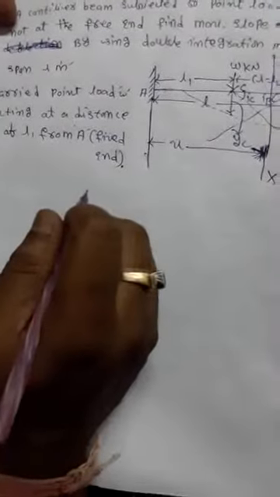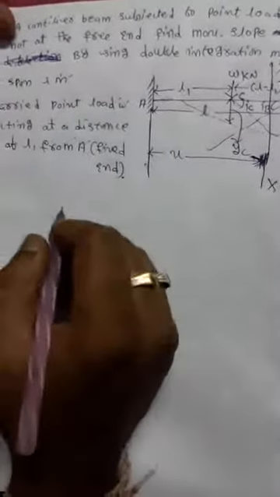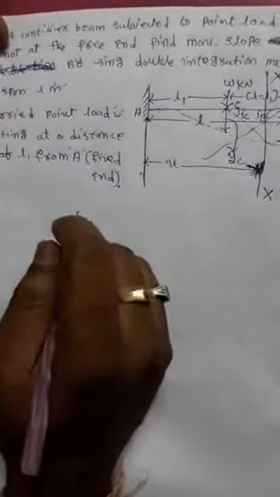The portion AC of the cantilever will bend into AC, while the portion CB will remain straight and be displaced to C2B.